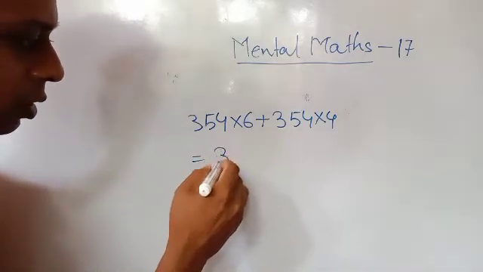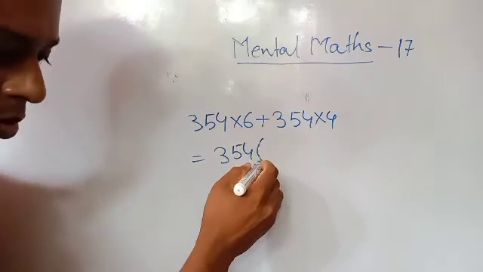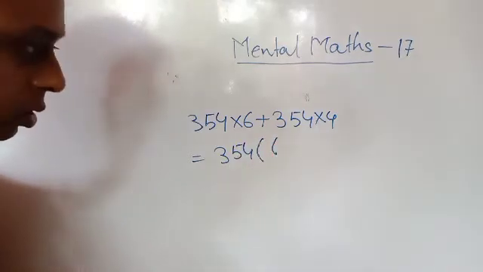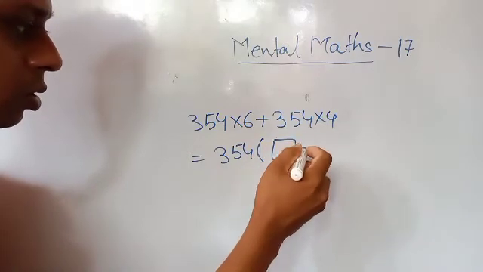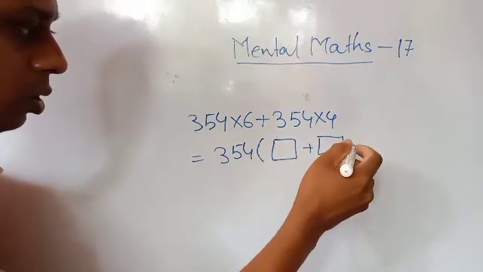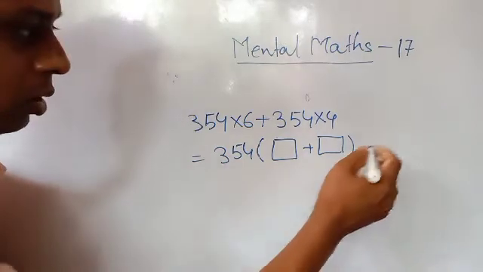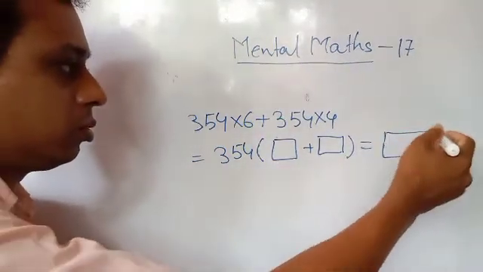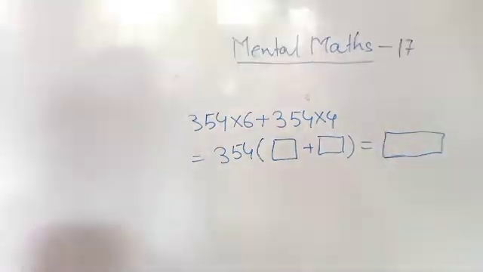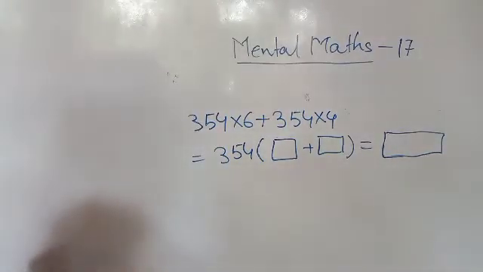They have given 354 within bracket, one box plus second box equal to dash. Okay, how to find out the answer?